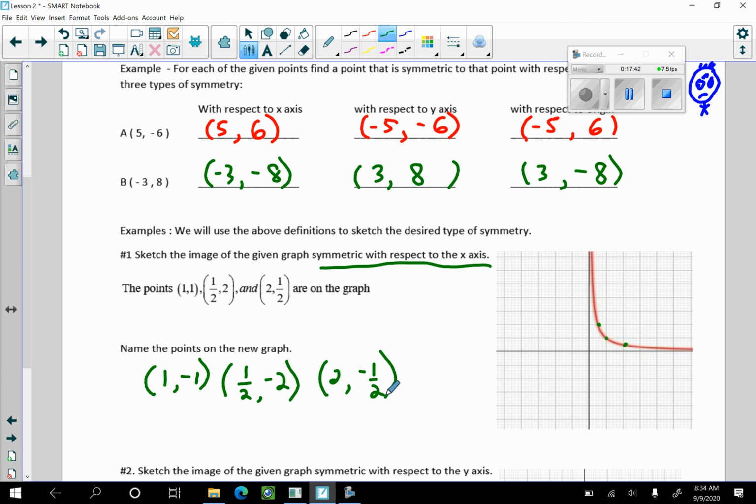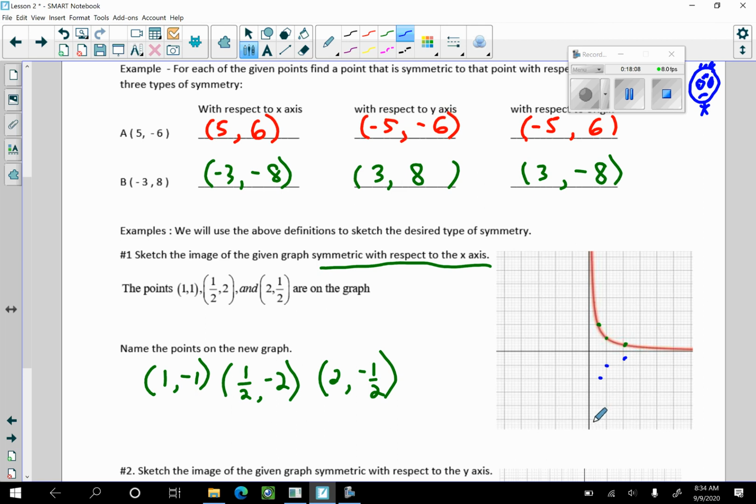So now I'm going to plot those 3 points. 1, -1. I do this symmetry in blue. There's 1, -1. 1/2, -2 was about right there. And 2, -1/2 is going to be right here. And you can kind of see the symmetry taking effect.